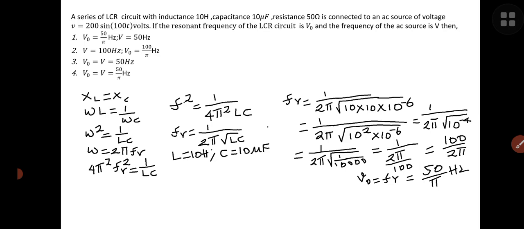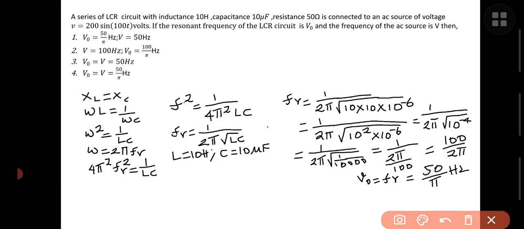At resonant frequency, XL is equal to XC. This is a relationship we know: inductive reactance is equal to capacitive reactance at the resonant condition.